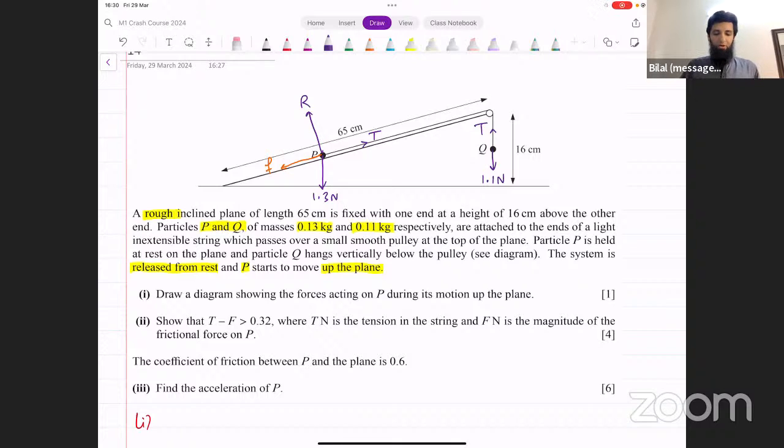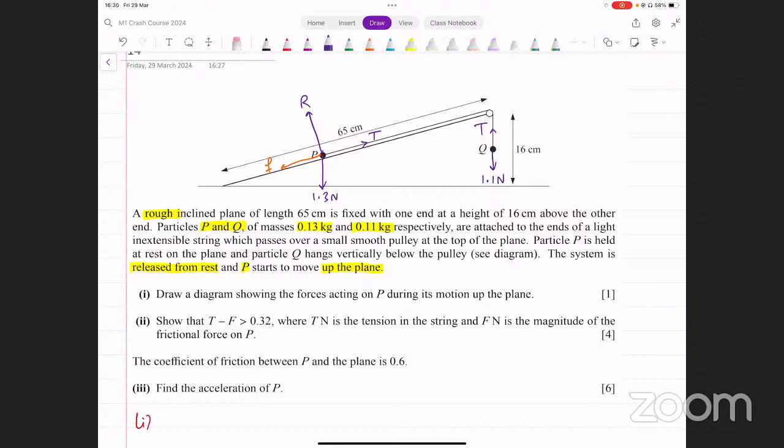Okay, so how do we think about this? The forces acting in the direction of motion should be greater than the forces acting against the motion. That is when the object is going to move in that direction, right?